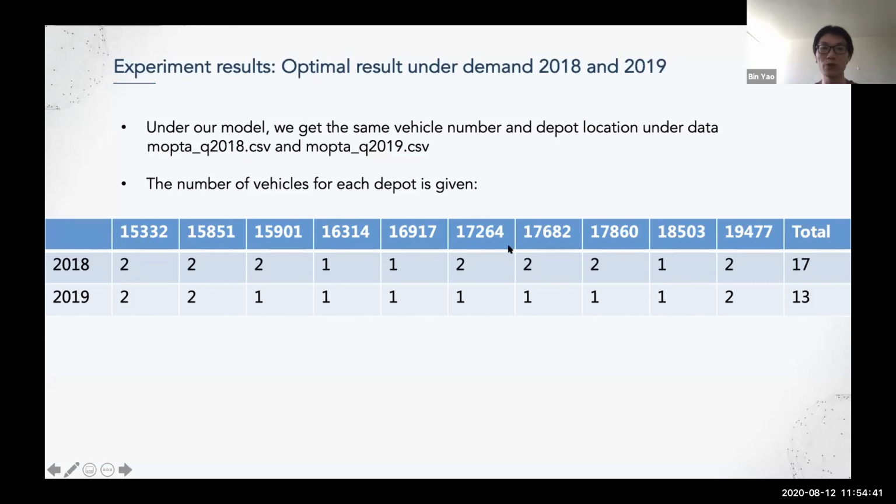We both select 10 depots, and the number of vehicles does have a little bit of difference. We hypothesized this is because of the structure of the demand. Maybe the demand is a little bit lower than 2018, or the demand is more centralized around the depots, so the number of vehicles can decrease.